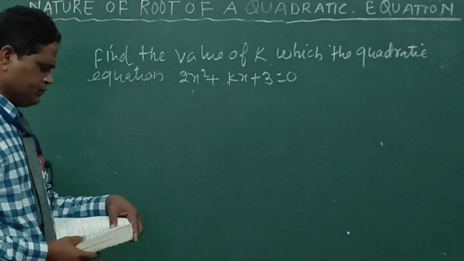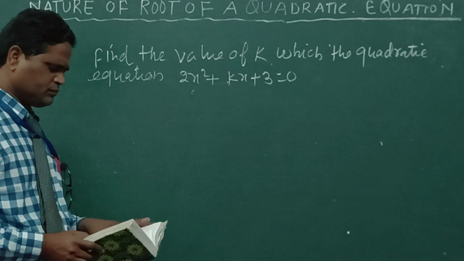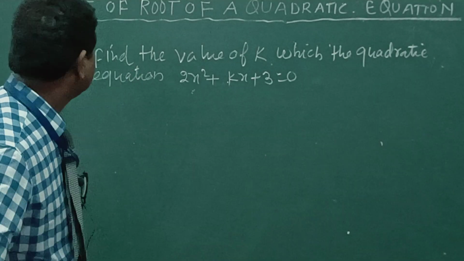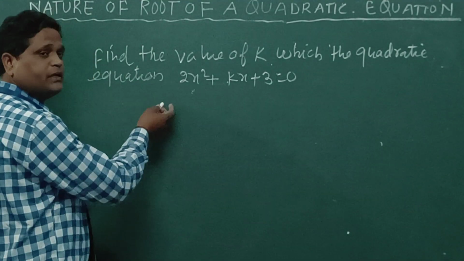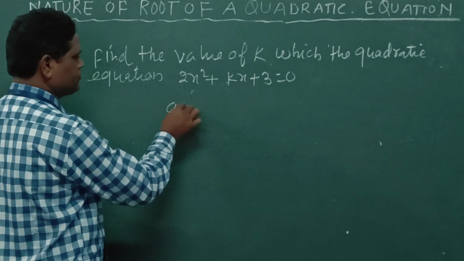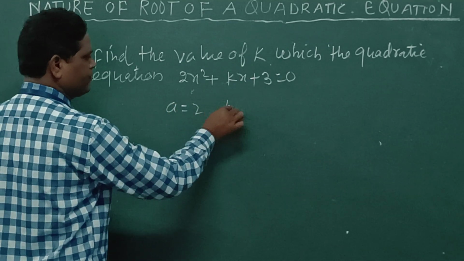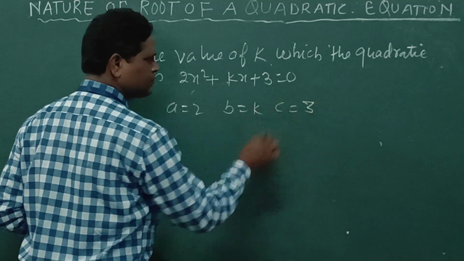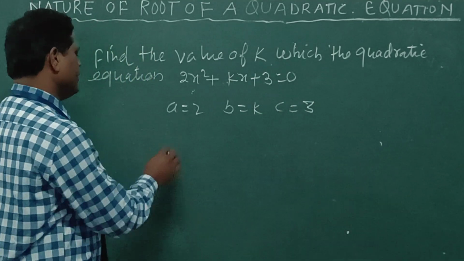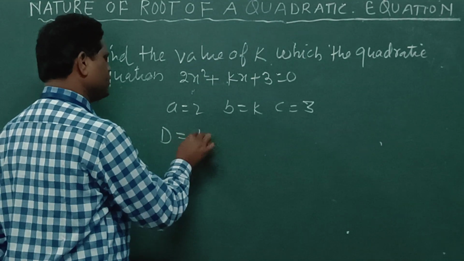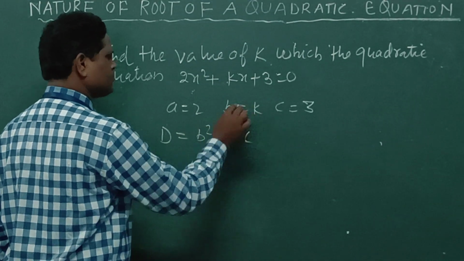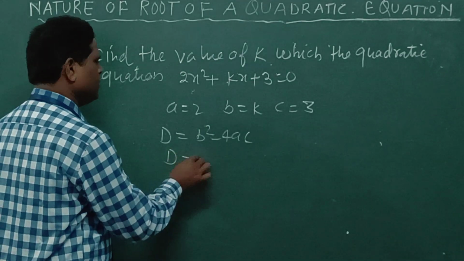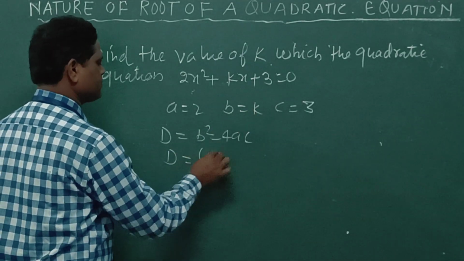Given the question, first of all use the discriminant: a equal 2, b equal k and c equal 3. You know that D equal b square minus 4ac.